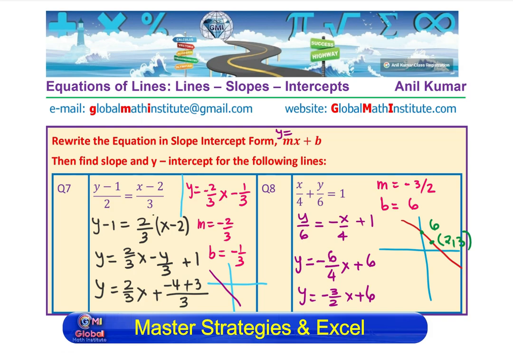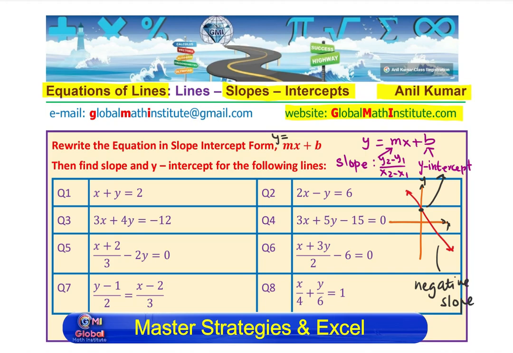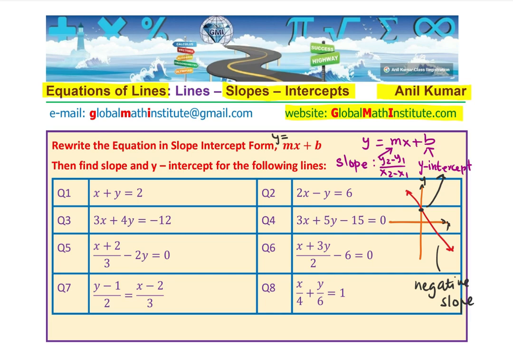So we have completed this exercise where we have understood clearly, given these equations, how we can write them in slope and intercept form, right? So we have learned that the gradient, normally written as m, if it is positive, then the lines are rising, correct?